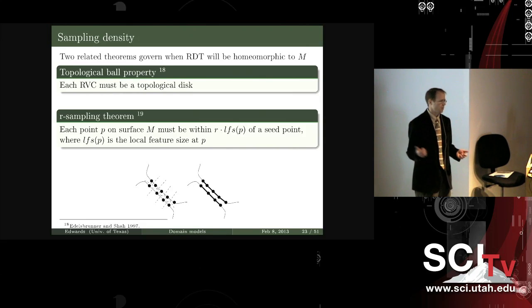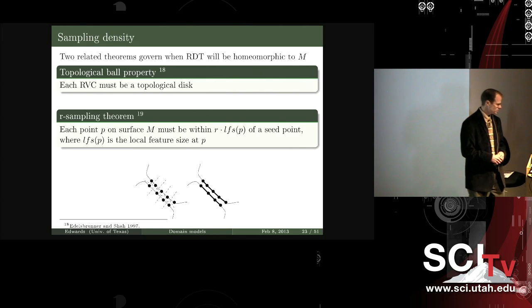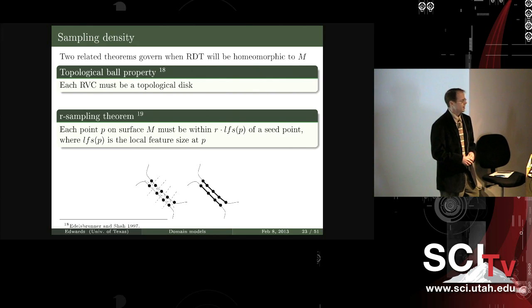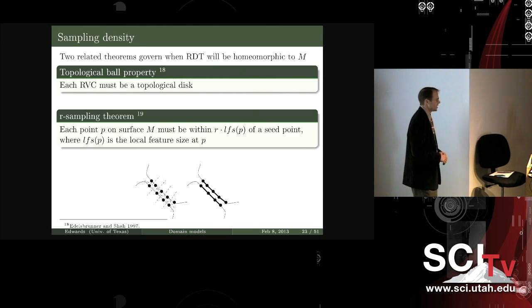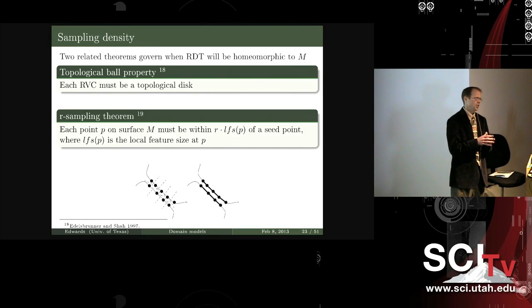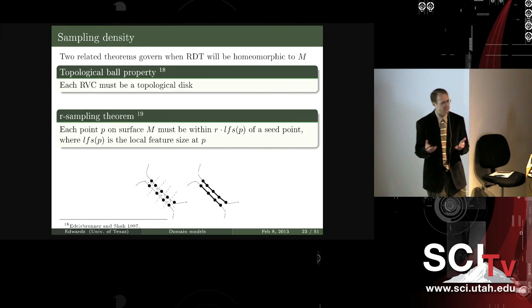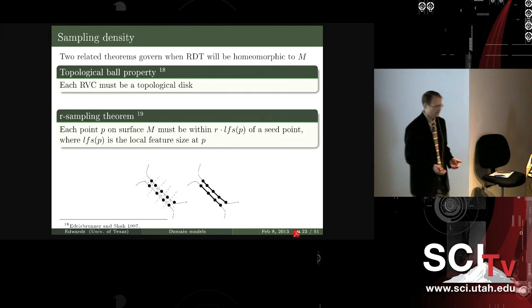The first I've mentioned is that the RVC must be homeomorphic to a topological disk. The second is actually derived from the first. It's a dual theorem, and it comes from the reconstruction from point cloud literature. And it states that if you sample with a certain sampling density, then you're guaranteed to get the original surface back.